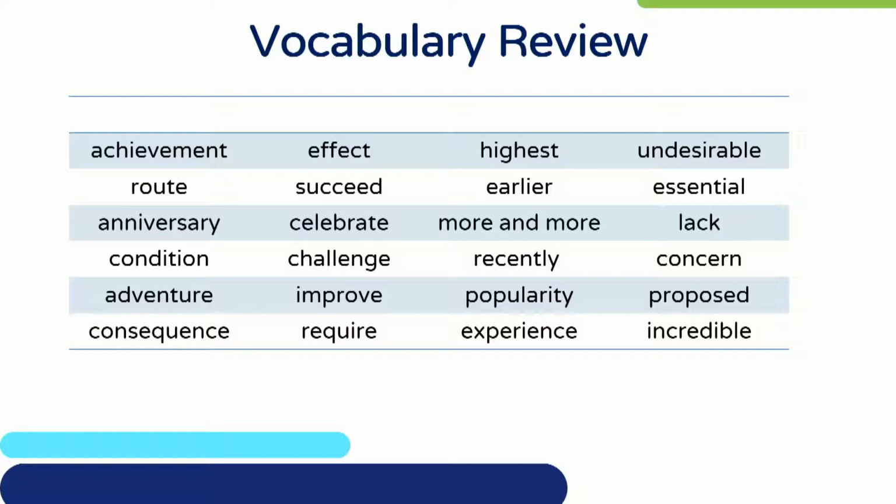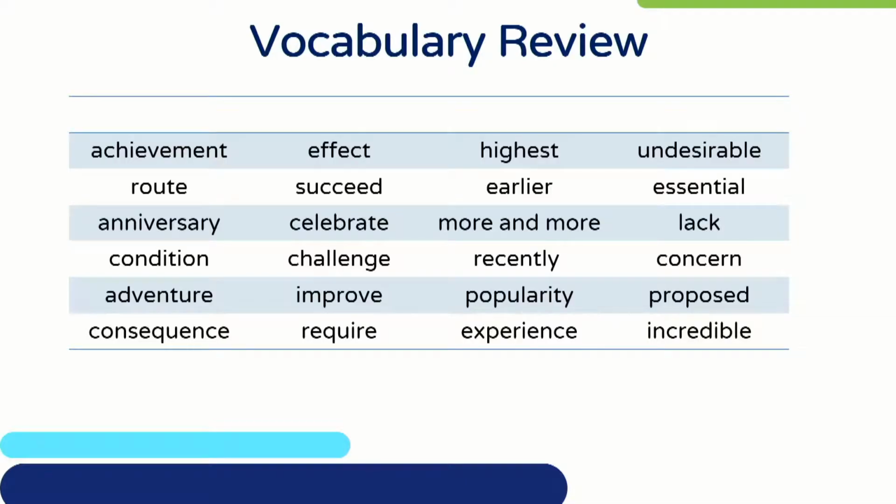The highest is the very top, the one that is higher than all the others. Earlier in time is before. More and more shows that there are some, and then more than that, and then more again than that. So more and more shows a growing number. Recently, not too far in the past. Popularity is the noun of something that's popular. How much popularity do we have?